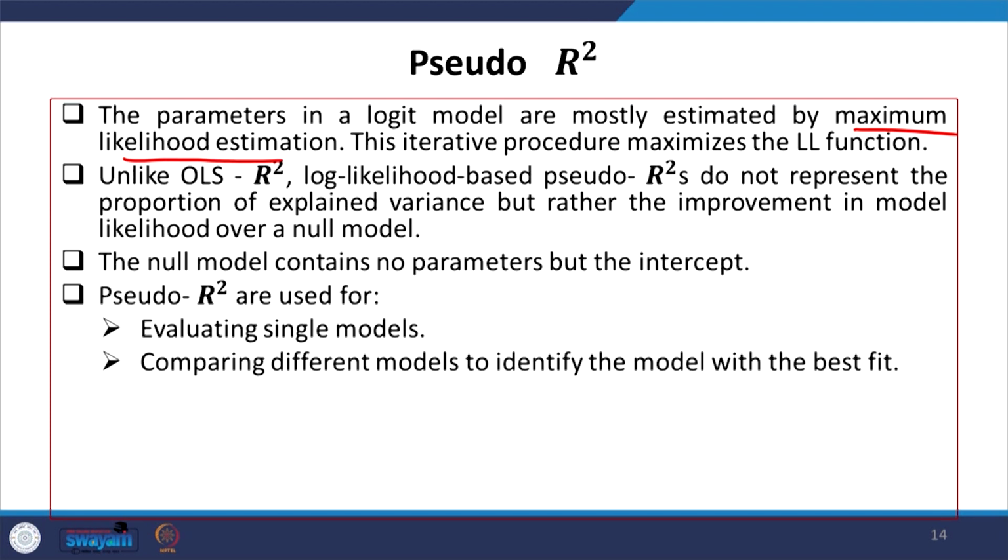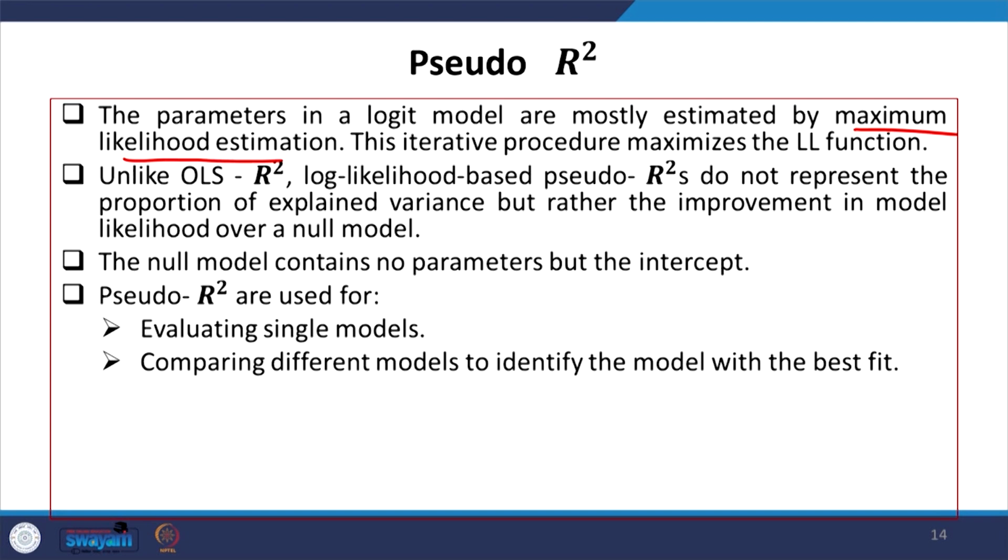They are not discussing the marginal effect as such. So, the represented variance is not actually captured in those kinds of limited dependent variable models. So, the log likelihood function gives certain values like R square, but those are called pseudo. The null model contains no parameters, but the intercept.